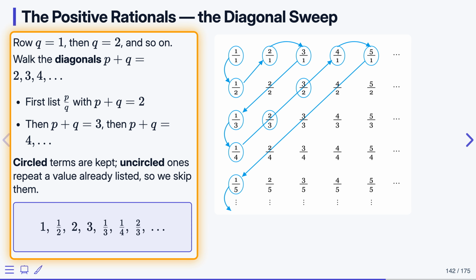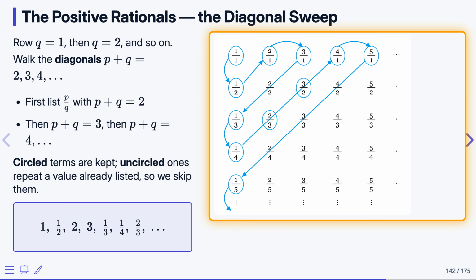Now we walk the grid along diagonal lines. On each diagonal, the sum of the numerator and the denominator is the same. We start with that sum equal to 2, then 3, then 4, and so on, following the blue arrows back and forth. Some fractions equal a value we have already written down.